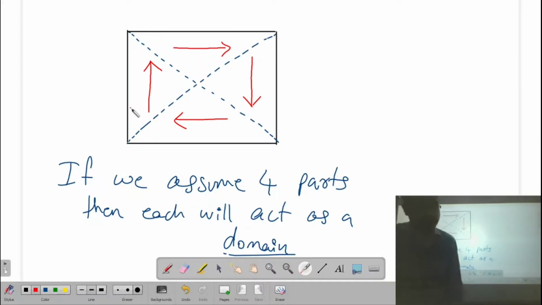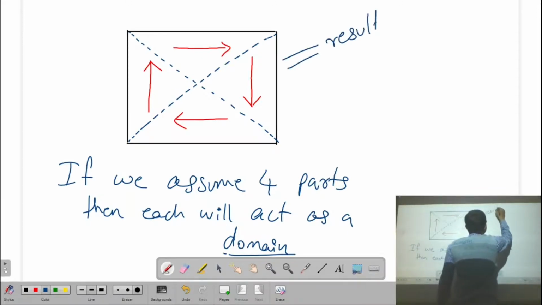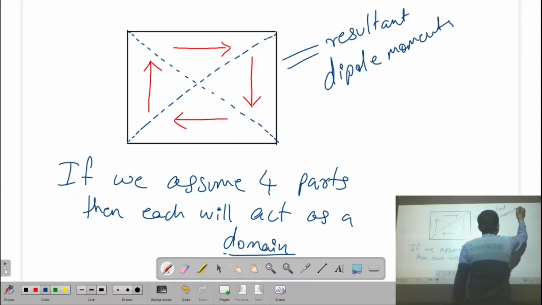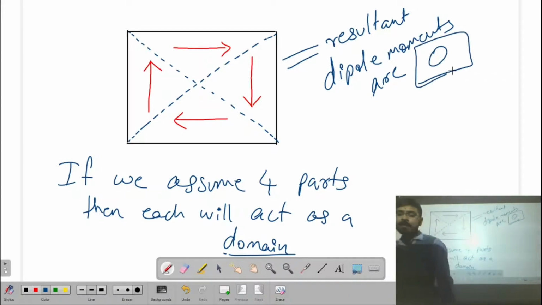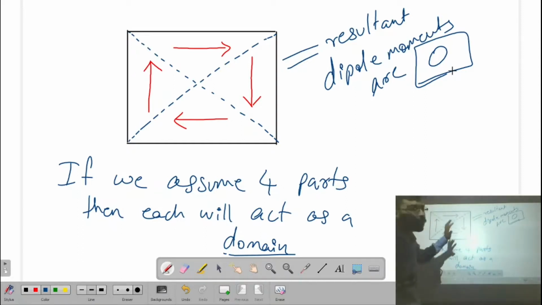Now here we can see that the resultant magnetic moments are zero, because all four have oppositely directed magnetic moments, that is Bohr magneton. Don't get confused. All of them have an opposite directed one pair, right? So the total will be zero.